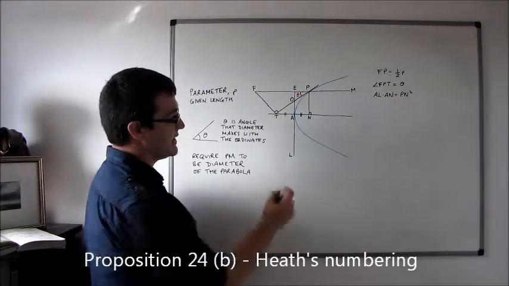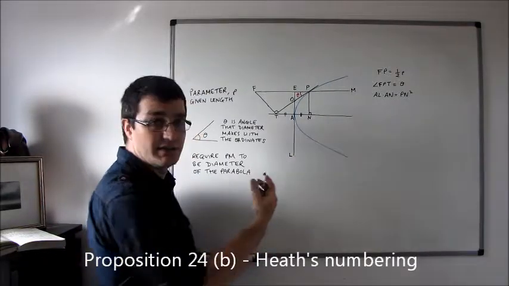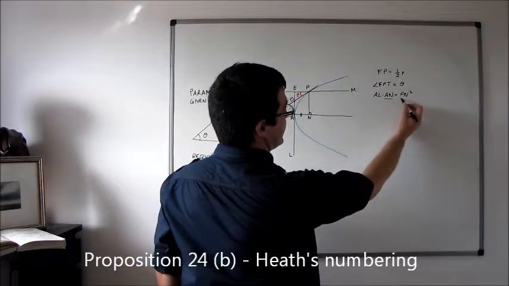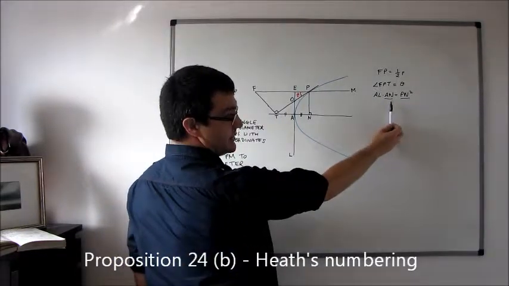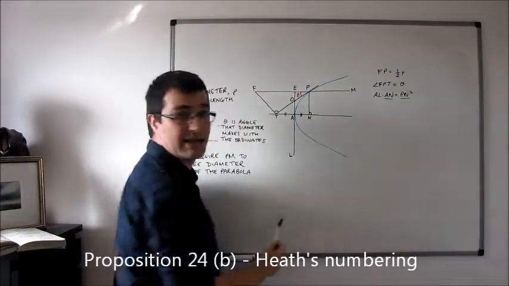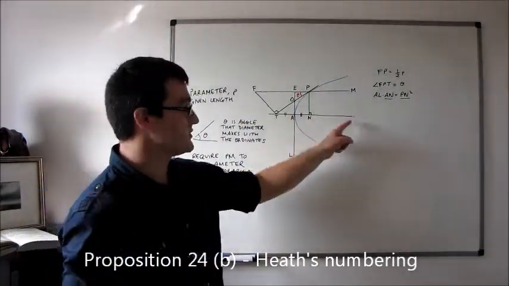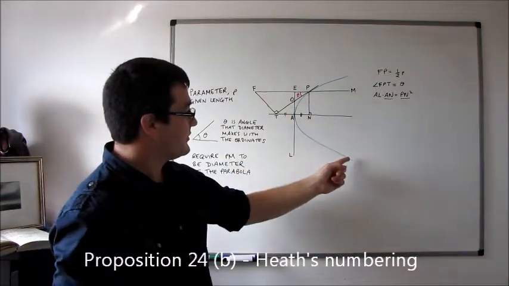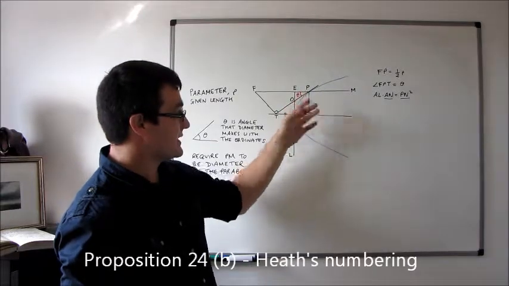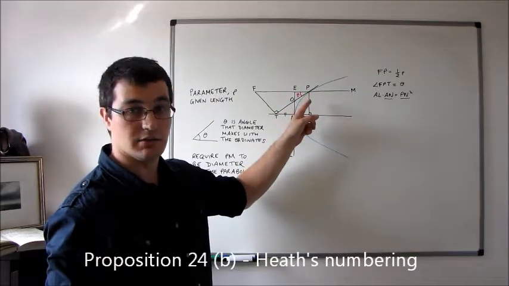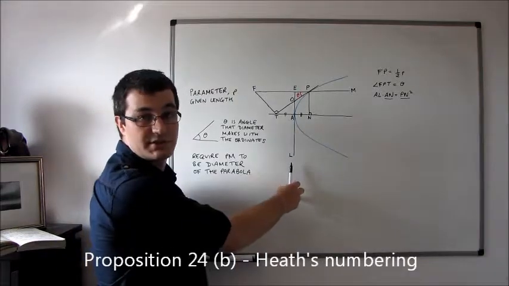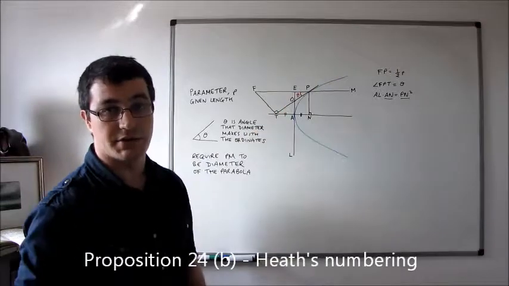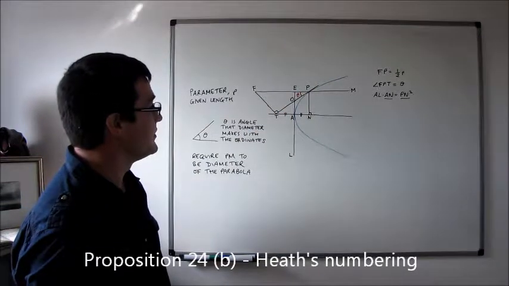Well now, if AL is the parameter, then AN and PN are the abscissa and ordinate respectively, with reference to that diameter AN. So therefore this parabola is guaranteed to go through the point P as well, because of this specific choice of L. So our parabola goes through the point A, it also goes through the point P.